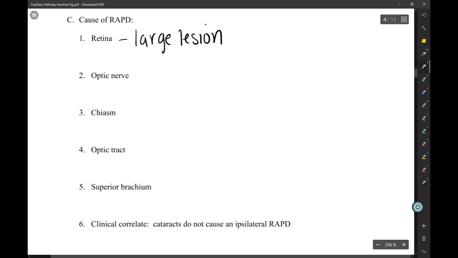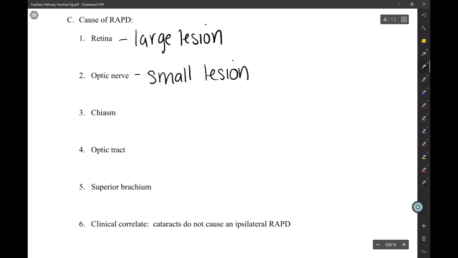On the other hand, a very small optic nerve lesion can cause a relative afferent pupillary defect. In fact, pupil testing is one of the best ways to differentiate between retinal and optic nerve disease. Remember that in optic neuritis, 2/3 of patients have normal looking optic discs.